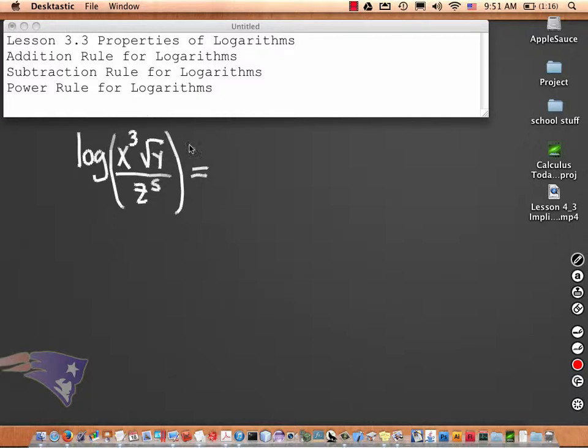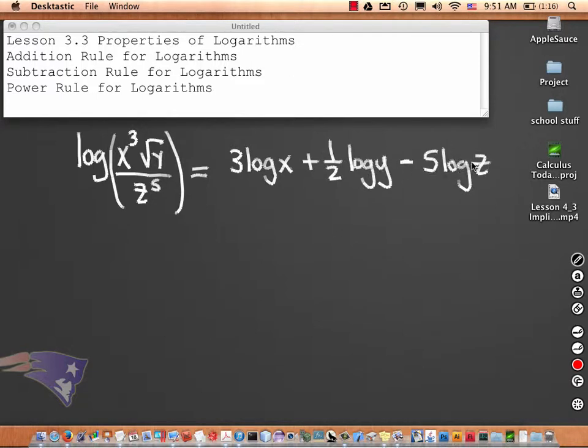If you do that, you should get 3 log x plus 1/2 log y minus 5 log z.